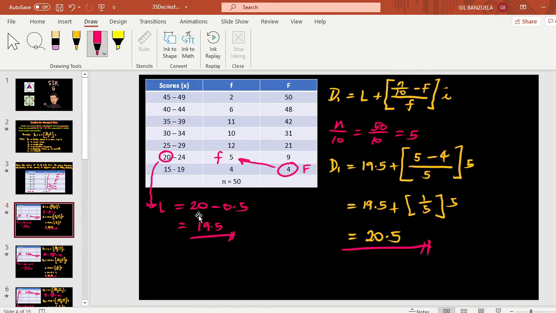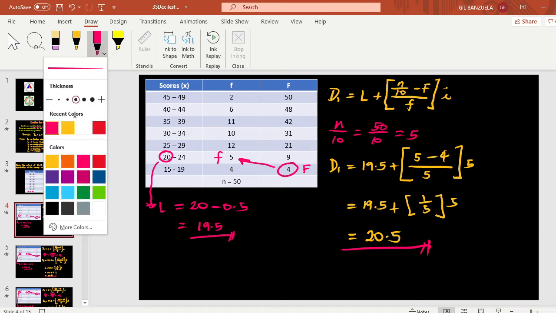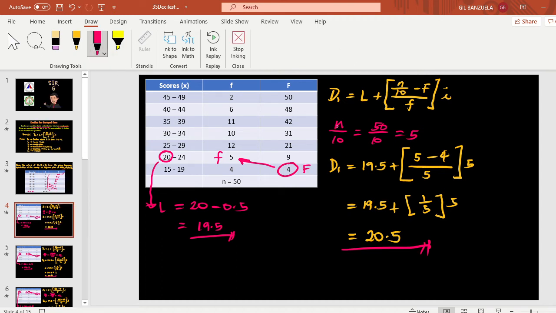So let's continue. Using the decile formula, since we are looking for decile 1, our k is 1, so d sub 1 equals the true lower limit plus a quantity of n, your sample size, over 10, minus the cumulative frequency divided by the frequency where the lower limit is located, times the class interval.